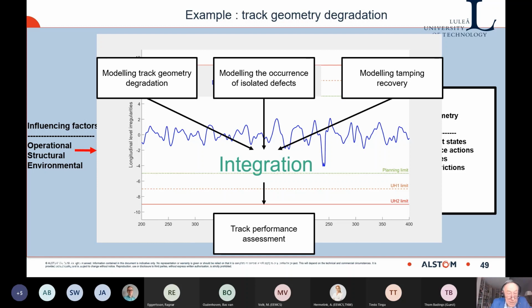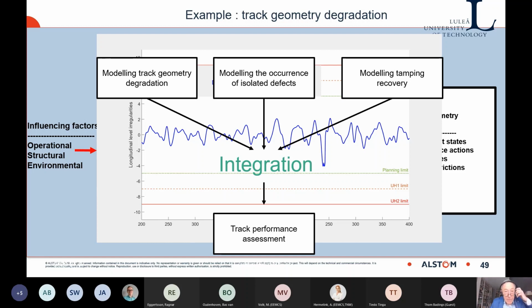I'll give you a very small example, but this is just to illustrate that in the railway business we are interested in that kind of thing, because there are, for instance, track geometry degradations. But I would need the full screen for this. So we can see you have fluctuations. So the Wiener process is actually a fairly good description, and we are interested in when the threshold will be crossed, and then we can use that in order to choose the best maintenance policy, in particular tamping, so as to avoid these thresholds being crossed.